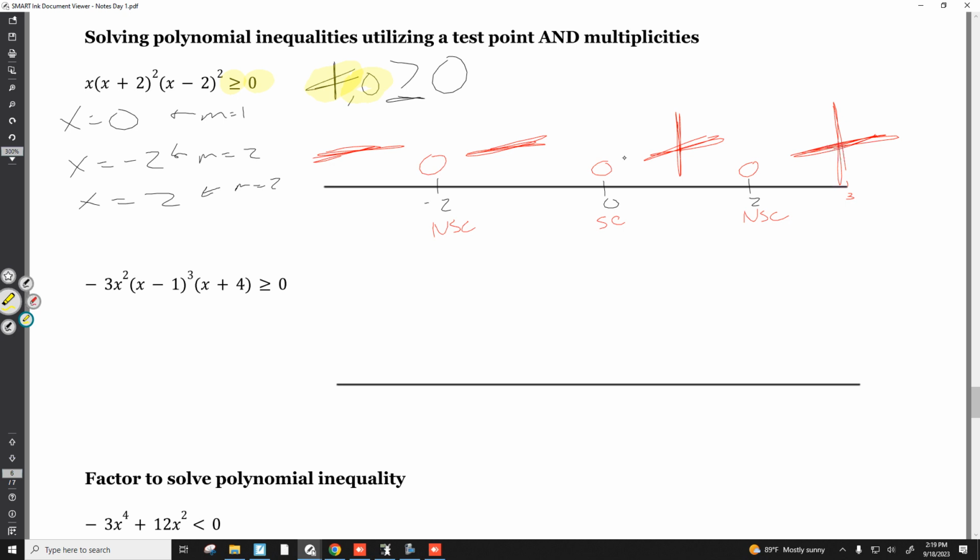Sure, you're good, but don't forget to include that guy over there. Greater than or equal to 0. Would you say 0 is greater than or equal to 0? Or equal to 0, right?